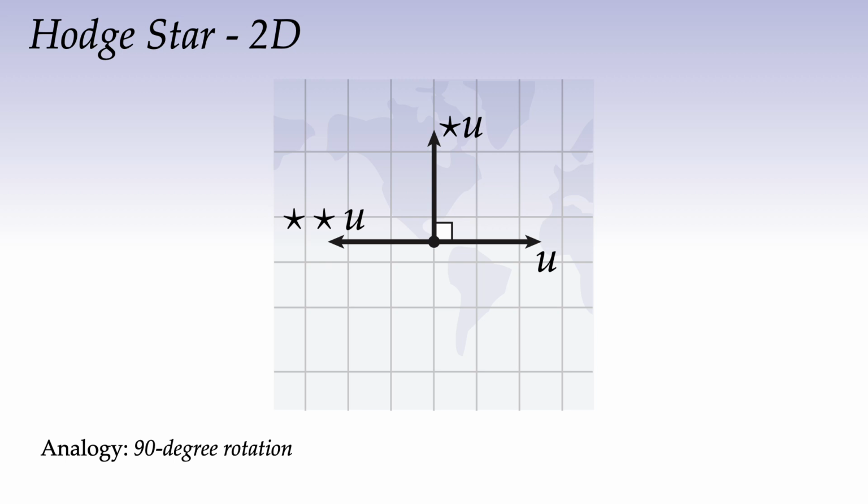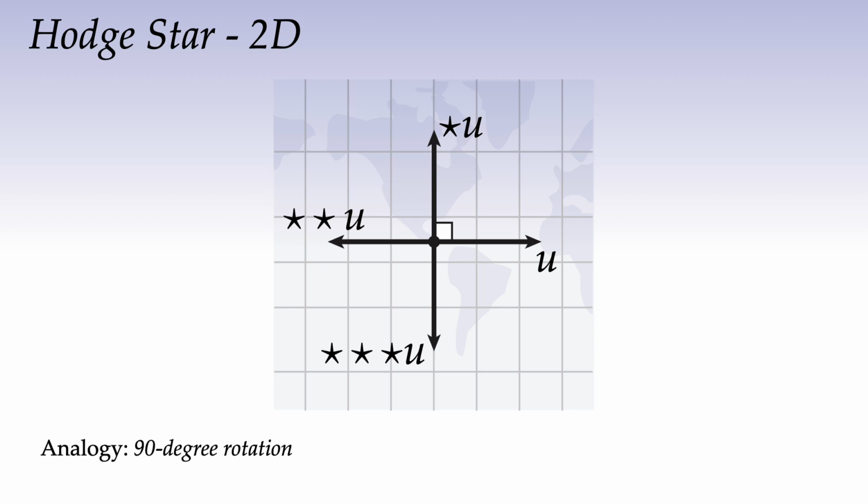So this is, again, a little bit different from the orthogonal complement. If I take the orthogonal complement of the orthogonal complement, I always get back to where I started. But if I take the Hodge star twice, I might get minus what I started with, because I have now this notion of orientation that I didn't when I was talking about the orthogonal complement. Okay? And if we apply the Hodge star a third time, we have star, star, star, u, we get, well, minus star u. We do another 90-degree rotation, and if we do this one more time, we go back to u, and around we go.